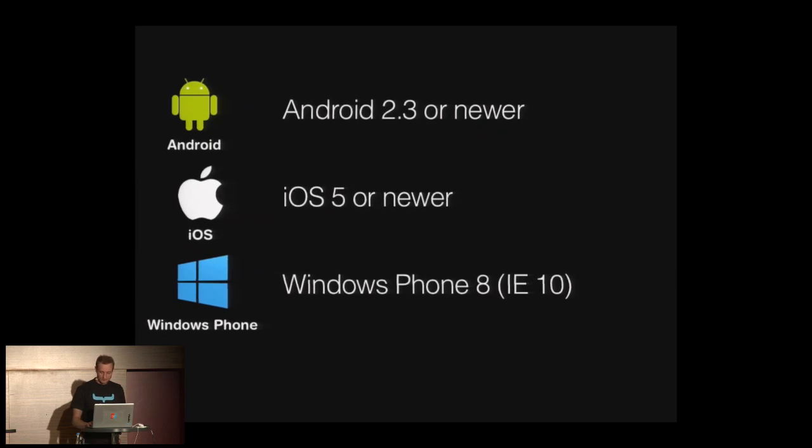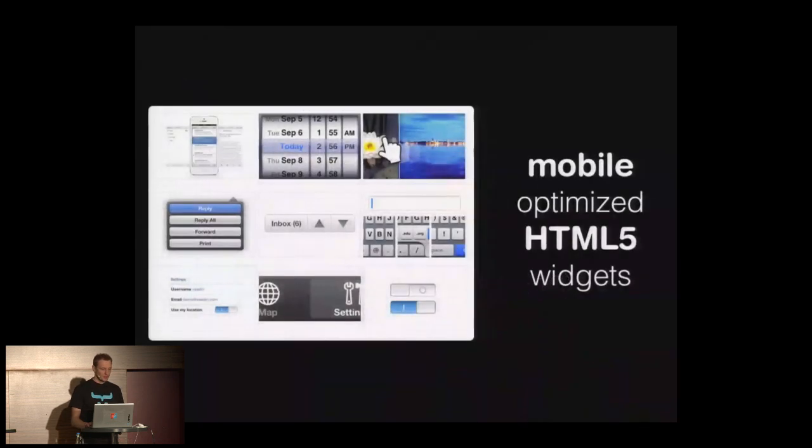Yeah, so then it comes to the real substance, so to speak. So what TouchKit is, essentially, is a set of mobile optimized widgets. So they fit better there to the screen.